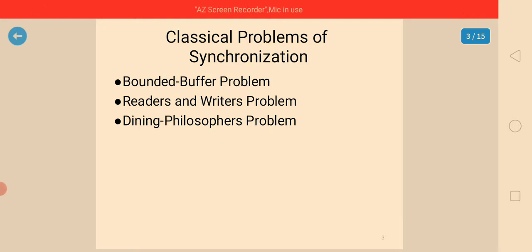So when processes need synchronization, where cooperating processes are present, that is when we use these classical problems.